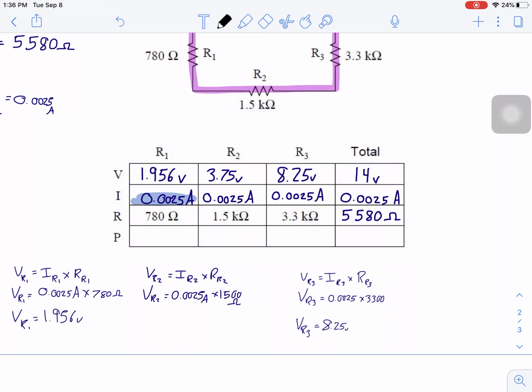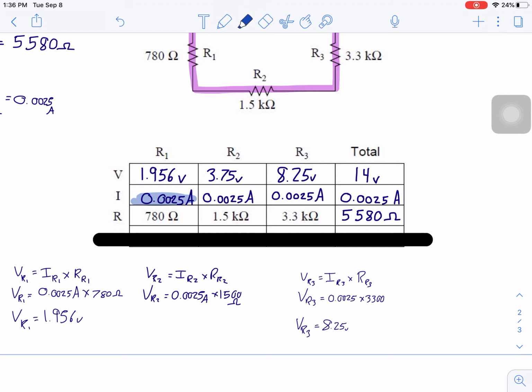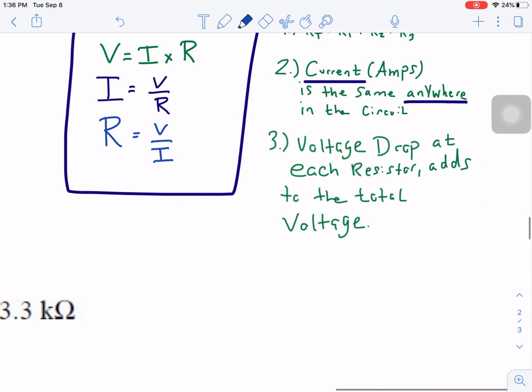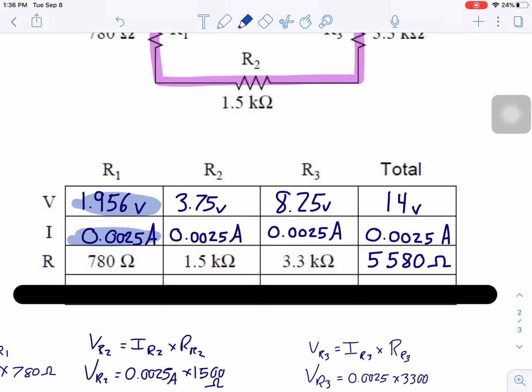We should be good. Now, one good way to check your work is to test out rule number 3. Do the voltage drops at each resistor add to the total voltage? So, in other words, does 1.956 plus 3.75 plus 8.25 equal 14?